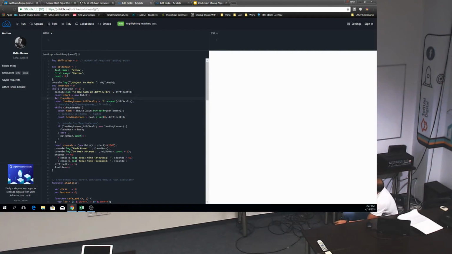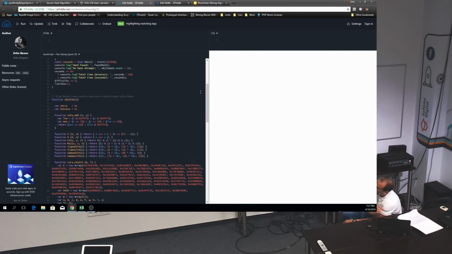Below this, the function is the original SHA-256 as a hashing function. We are not going to step into it. It's public, you could check it and play with it.